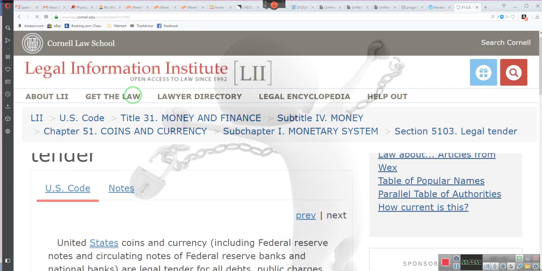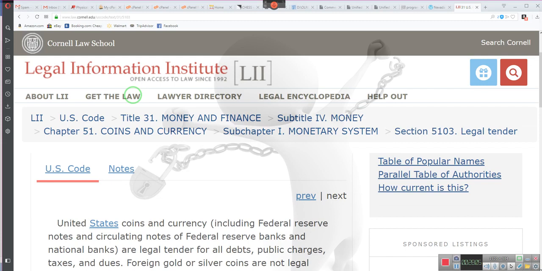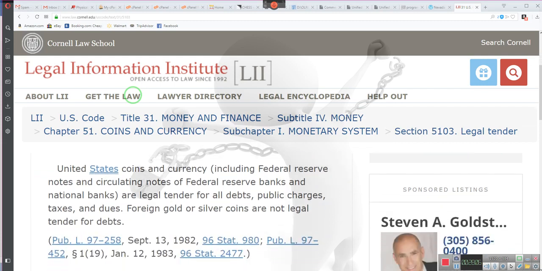Hold on, y'all. I ain't seen this before. Legal tender. United States coins and currencies, including Federal Reserve notes, circulating notes of the Federal Reserve Bank and national banks, are legal tender for all debts, public dues, charges, taxes, and... Now remember, it says Federal Reserve notes. The law said Federal Reserve Bank notes. We ain't got time to be showing y'all that. Okay, our legal tender for all debts, public silver coins.